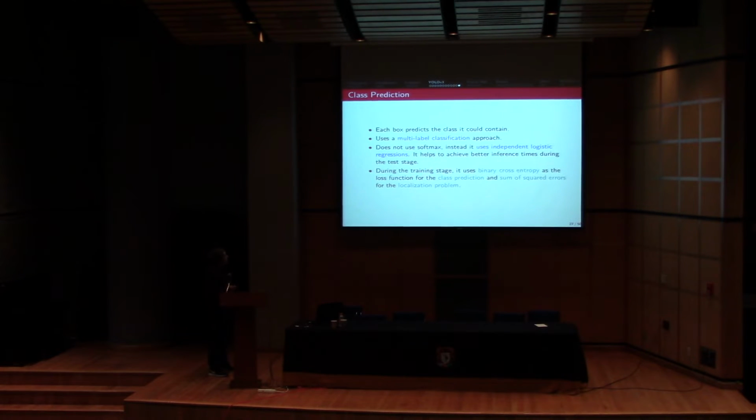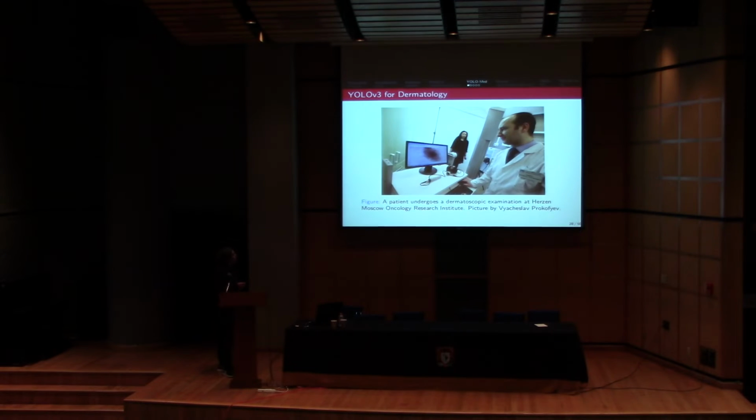It can happen. It uses independent logistic regressions, which allows better inference times. And of course, during the training stage, it uses 2 different loss functions, one for prediction and one for classification, and it tries to optimize both.